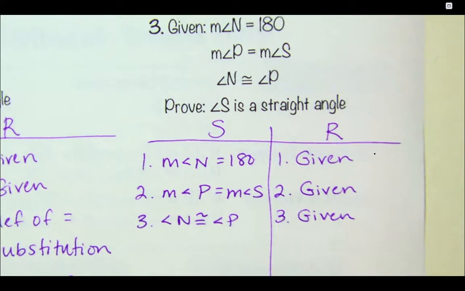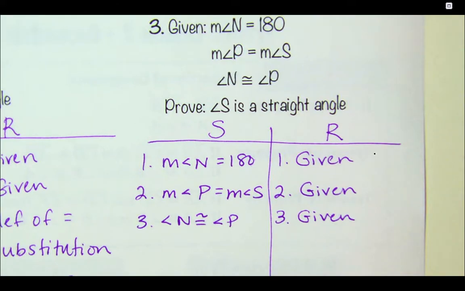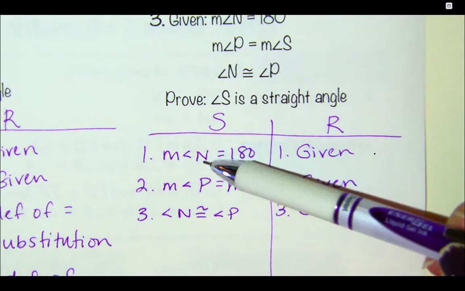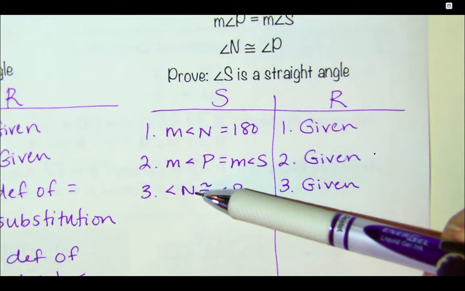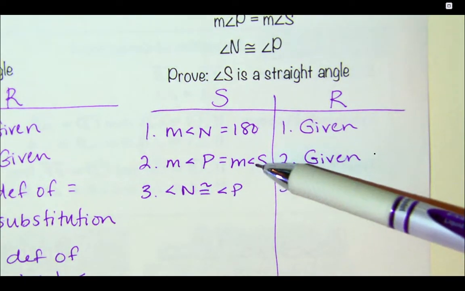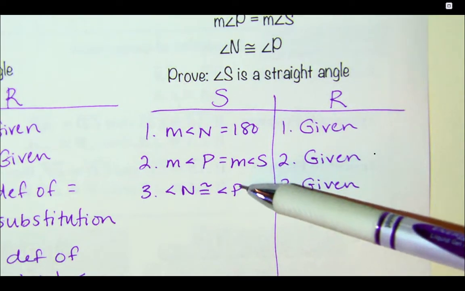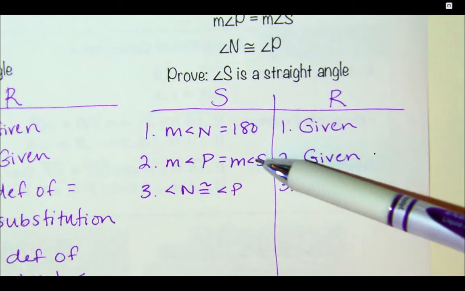So if we could start substituting some angles and say that S is 180, then we could get there. So do you see anything we could substitute right now? We can't substitute this because that's the measure of N, that's just angle N. We can't substitute this because same reason.